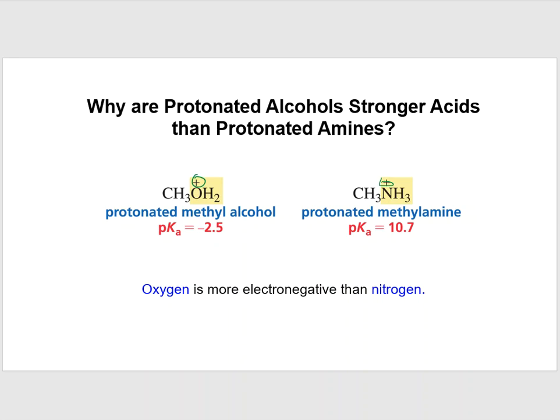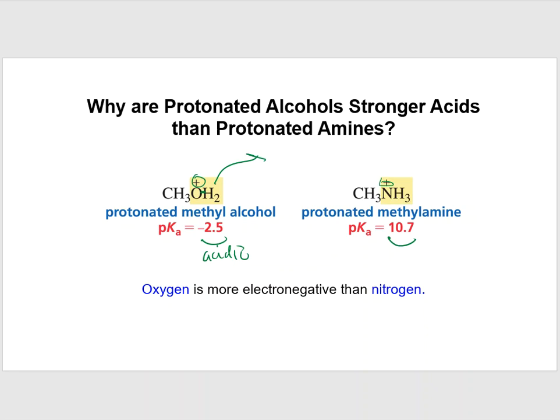Okay, the explanation of why this is lower than this, which means that this is more acidic, all again deals with electronegativity. Oxygen is still more electronegative. Therefore, oxygen is still more electron greedy. If oxygen's more electron greedy, it's going to suck the electrons from that bond more, leaving hydrogen out in the cold, and now hydrogen, pop, off it goes.